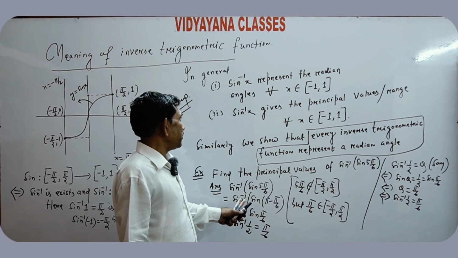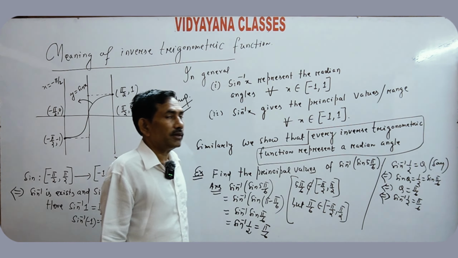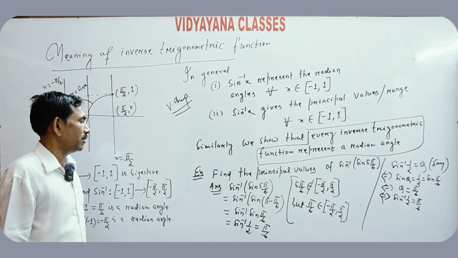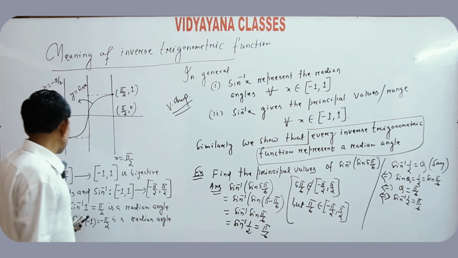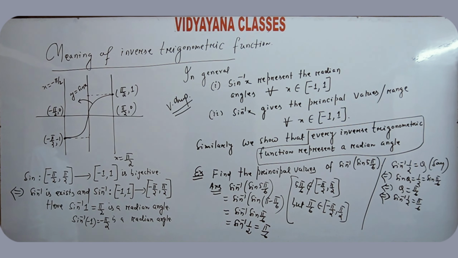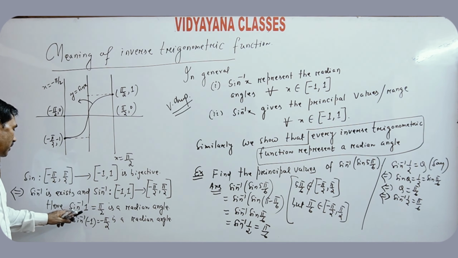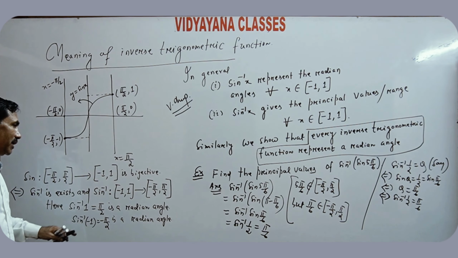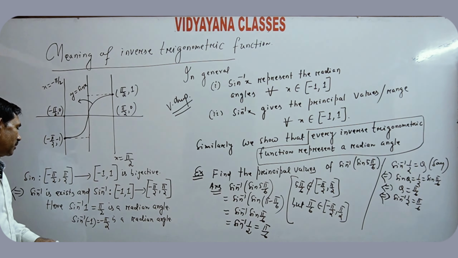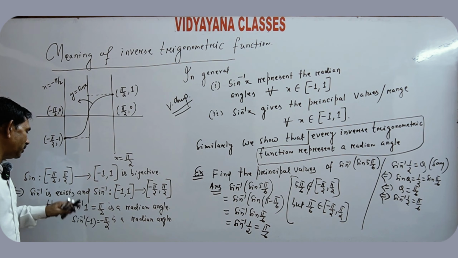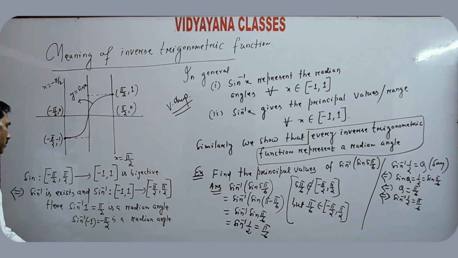Inverse trigonometric function represents a radian angle. What is the meaning of this? Sin inverse 1 is equal to pi by 2. Directly we can find the result. Sine of which angle gives 1, that is pi by 2.